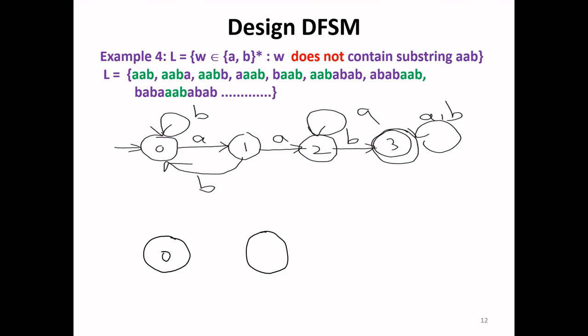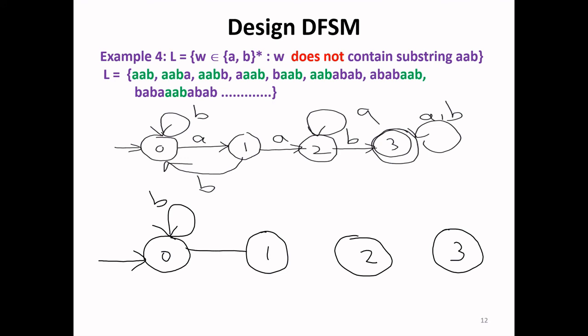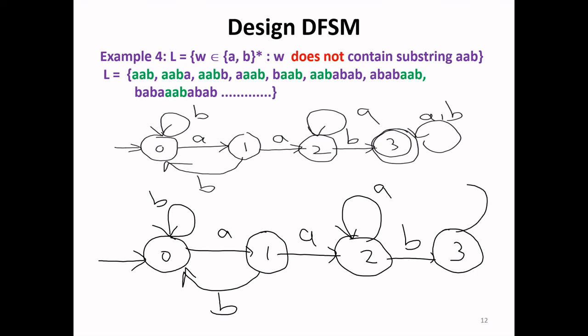States 0, 1, 2, 3. 0 is the initial state, with transitions on B, A, B, A, A, B, A, B. So once we are done with this, the second step is to interchange the intermediate states to final states and final states to intermediate states.